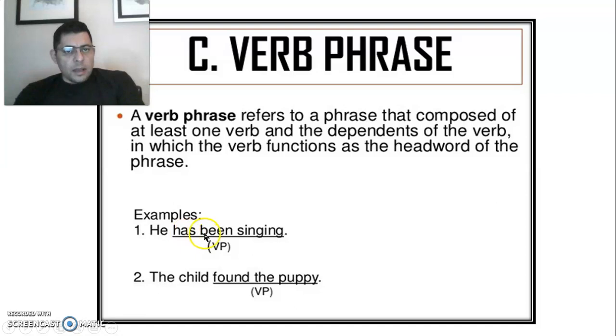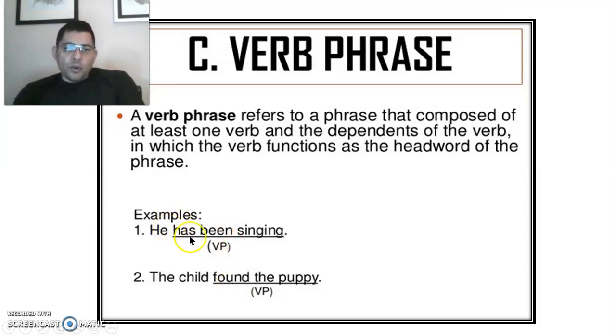We have has, been, and singing. But the principal word of this sentence is not has, is not been, it is sing. So this is my principal verb. Has and been are not principal verbs, but they are inside of this phrase, and therefore this is a verb phrase.